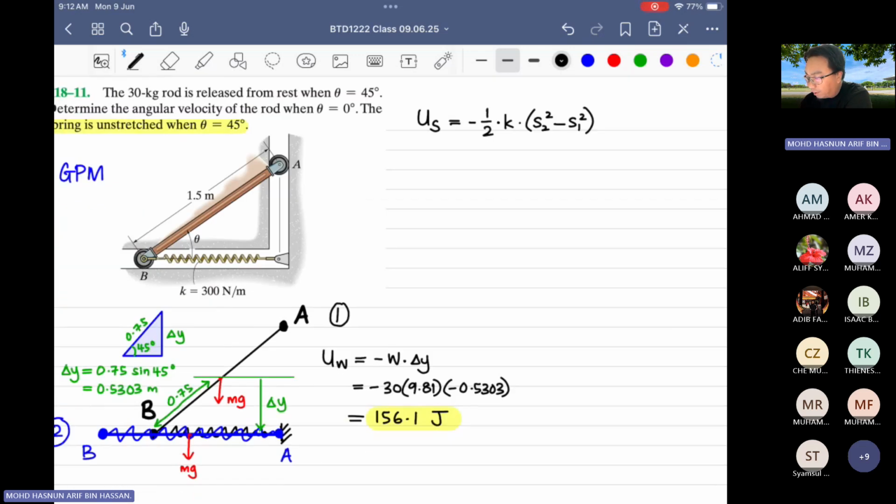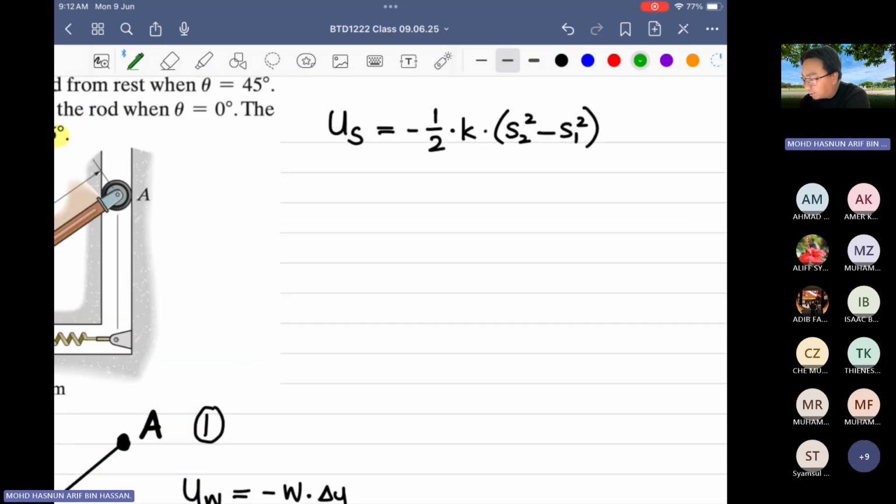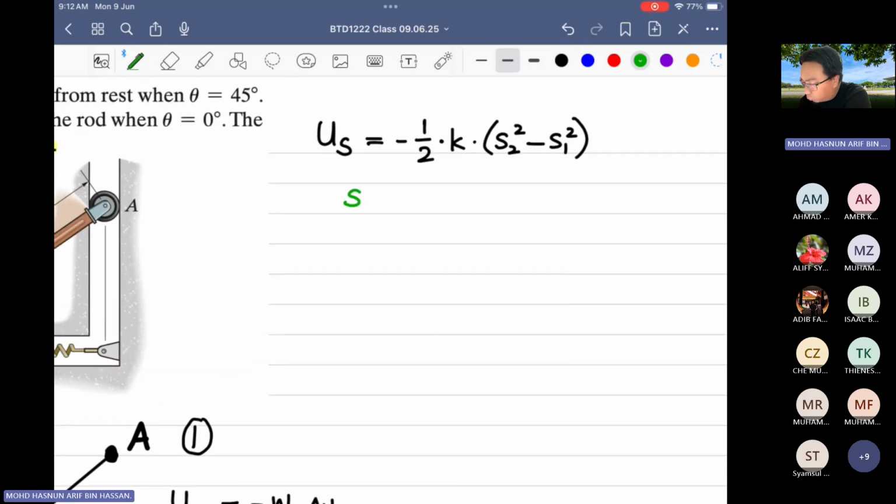Remember, S is the elongation. If we look at the question here, it says the spring is unstretched when theta is 45 degrees. So at the initial position, the spring is unstretched. Straight away, we know that S1 is equal to 0.